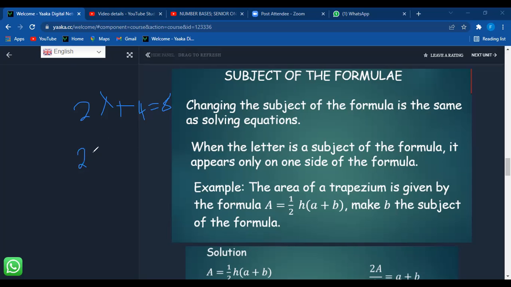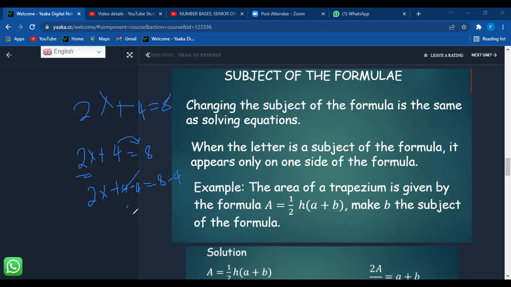So if we have 2x plus 4 equaling 8, and we make x the subject of the formula, we take away the 4, so it gives us 2x plus 4 minus 4 equaling 8 minus 4 as well.